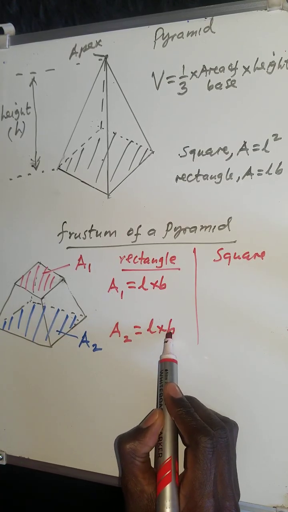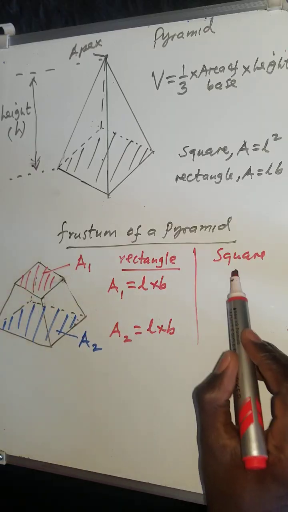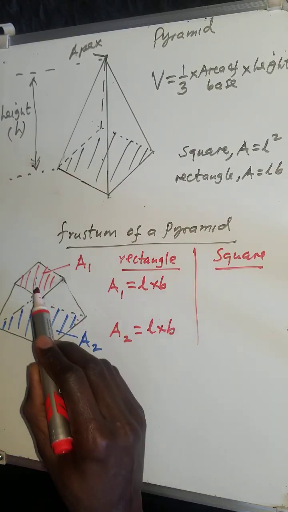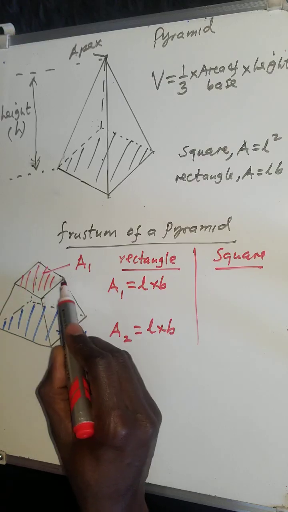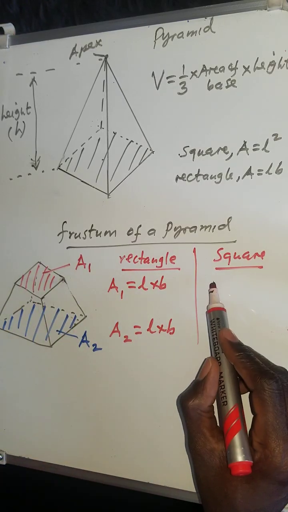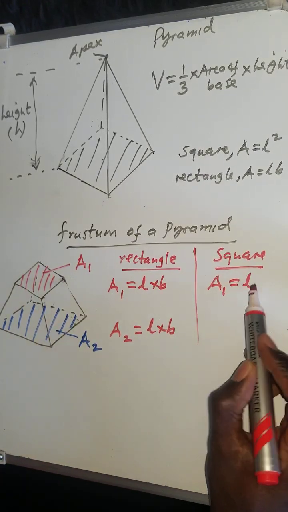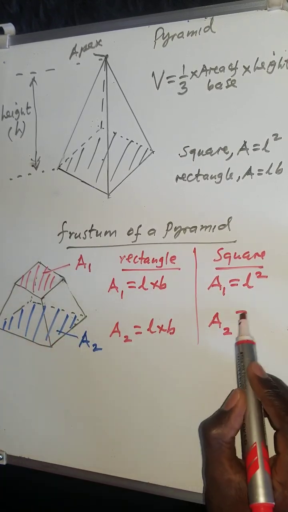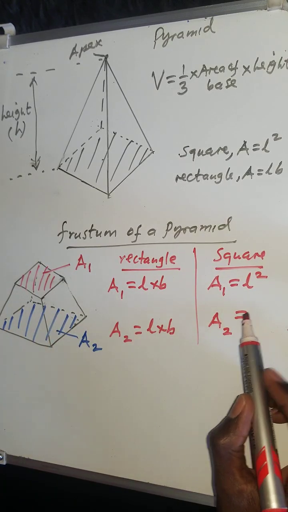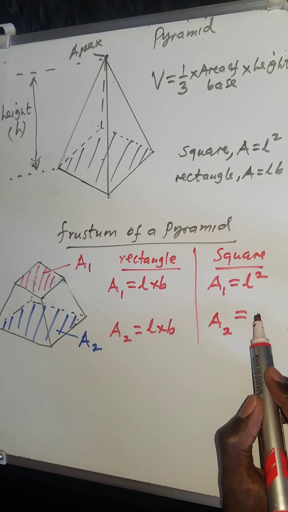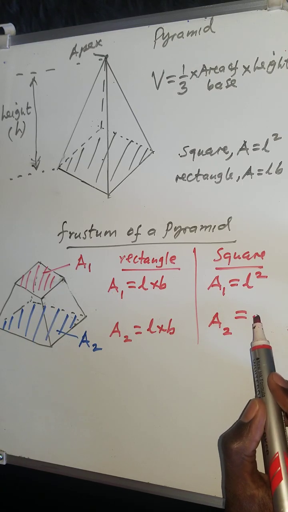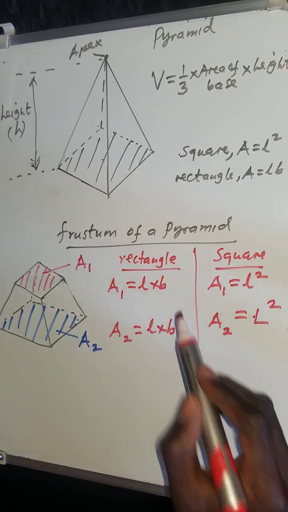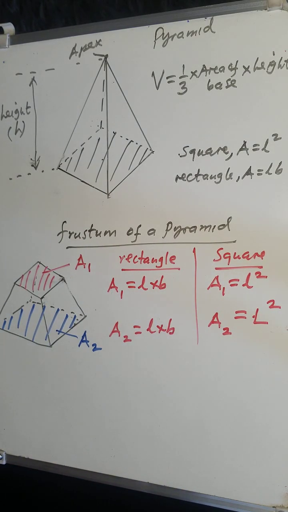It is L times B. But if it was a square pyramid, it means that when you cut, this would have been a square and the bottom part would have been a square, meaning area 1 would have been given by L squared, and area 2, the bottom part, would have been given by, let me use a bigger L squared. That is what it would have been given.